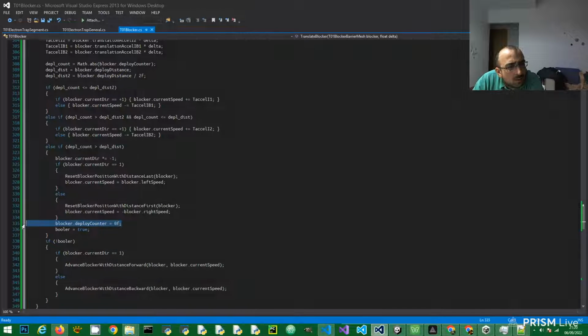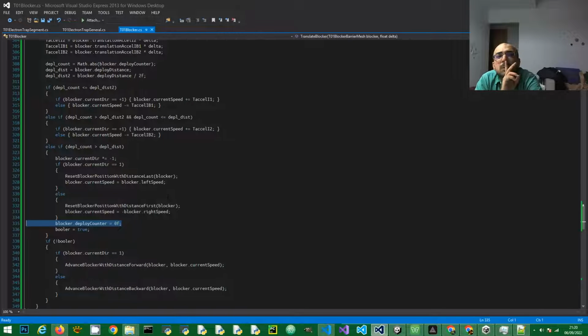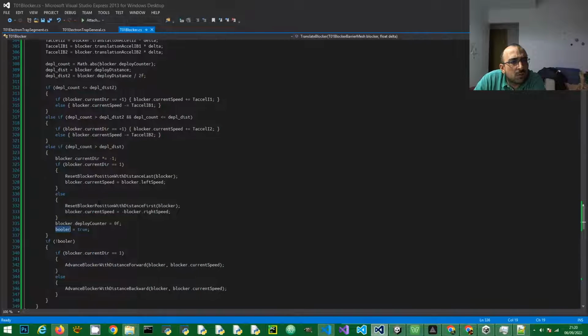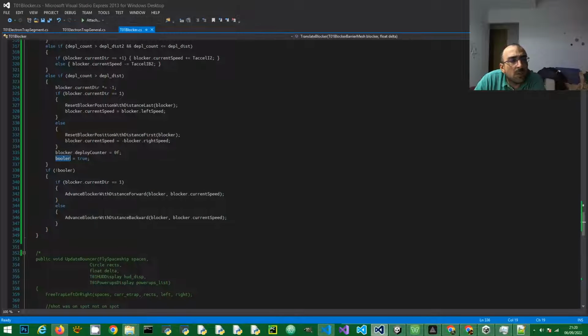Deploy counter, a float. Okay, so deploy counter is practically a counter that counts its current position. Good. I remember. And this boolean value, I don't know what it did. It's true. I don't know what it did.